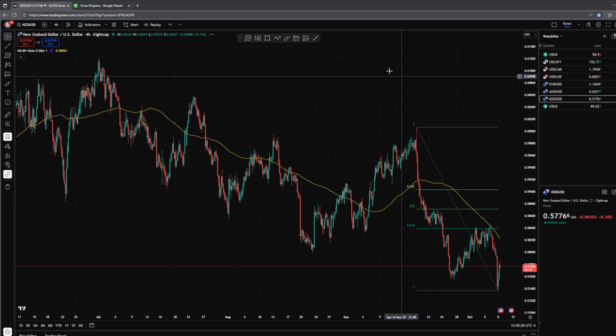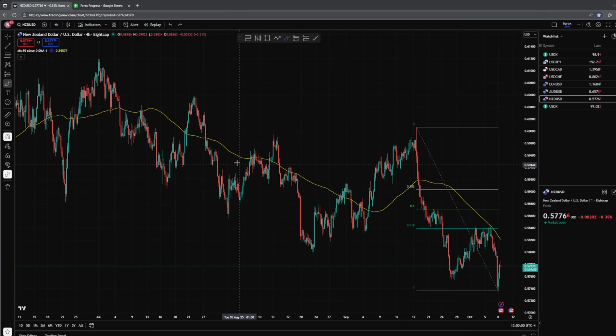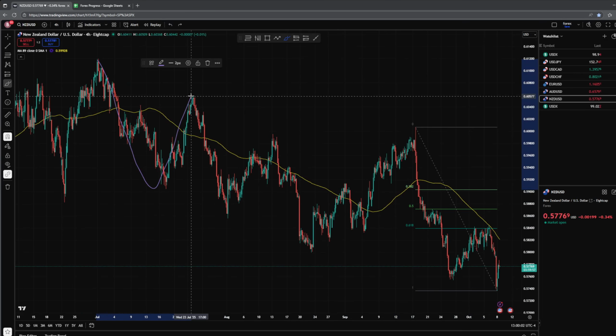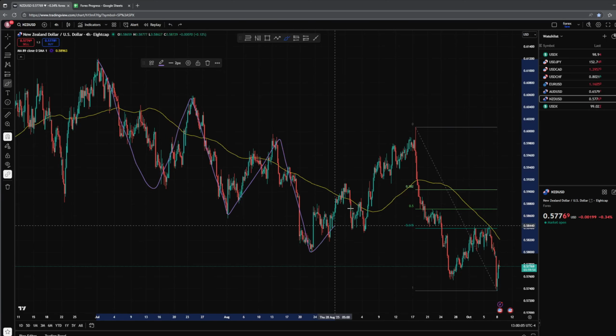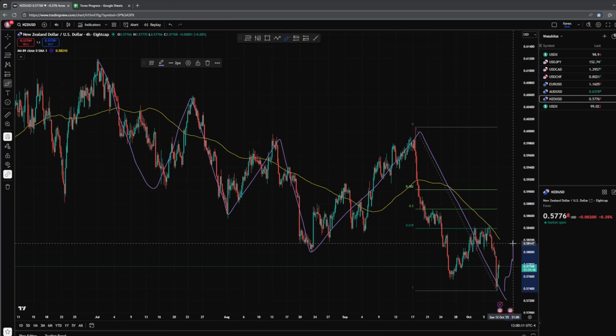Okay, New Zealand dollar USD. So here we have, as you guys can see, the majority of the candles hanging out below the yellow moving average line. Trend is clearly down. USD is strong. Down, retracement, down, retracement, down, retracement, down. And now the best decision is to wait until the market retraces at least the 50 to 60% zone here.